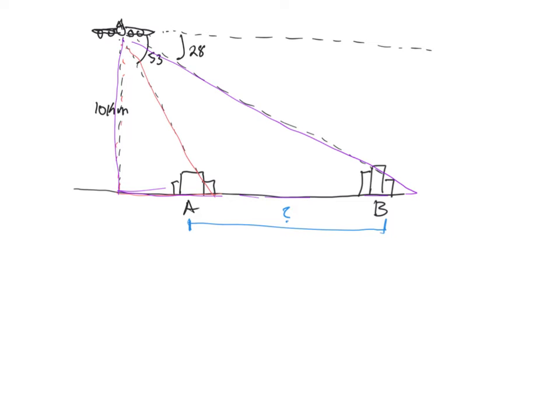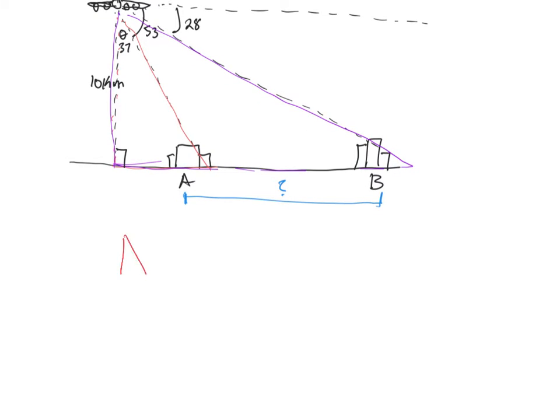So first things first, I need some other degrees. This is assuming this is 90 degrees right here, because it's straight up from the ground. This first one, I'll call this one theta. Theta is going to be 90 minus 53. So this is 37. The theta that I'm going to use for this first triangle here.